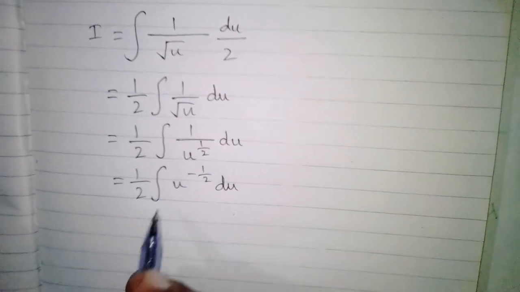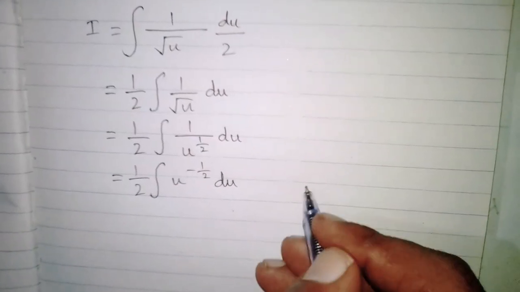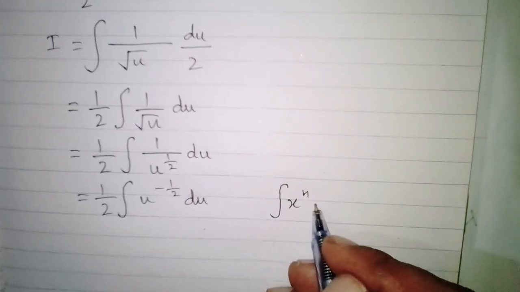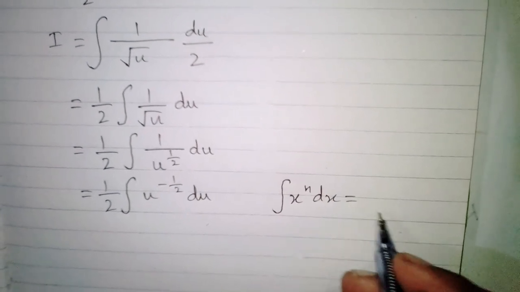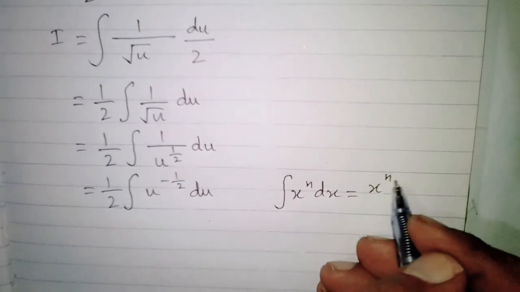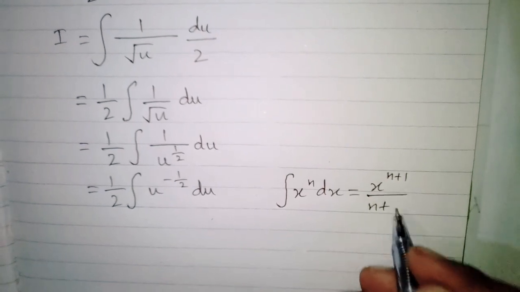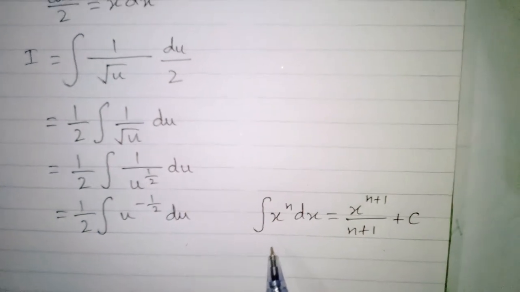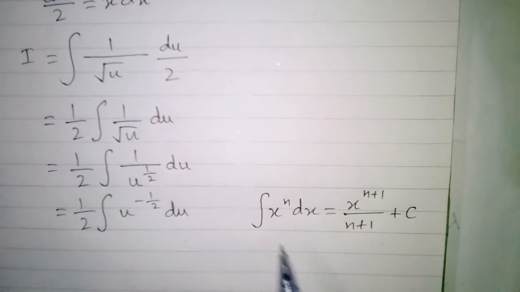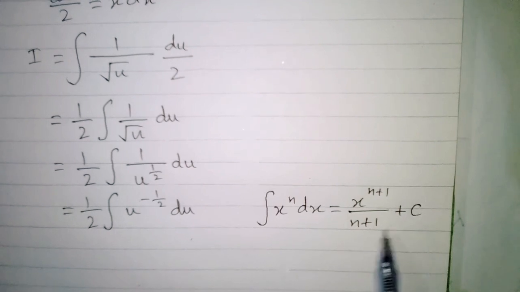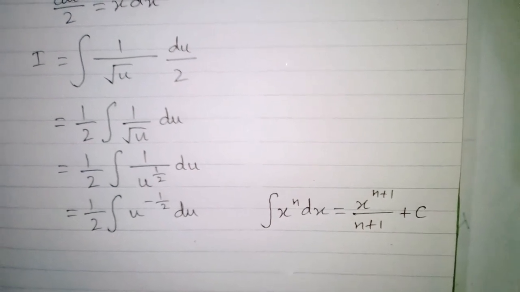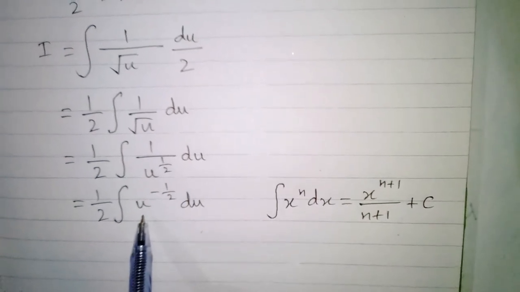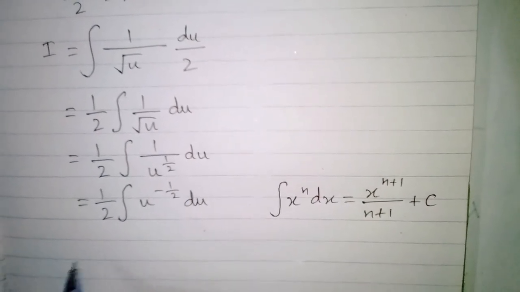Now we have to take the integral of u to the power minus half, so we will apply the power rule of integral, which is if we take the integral of x to the power n, what we have is x to the power n plus 1 upon n plus 1 plus constant, because this is an indefinite integral and we don't have limits over here, so we have to write the constant with this integral. So we will apply this formula to u to the power minus half.